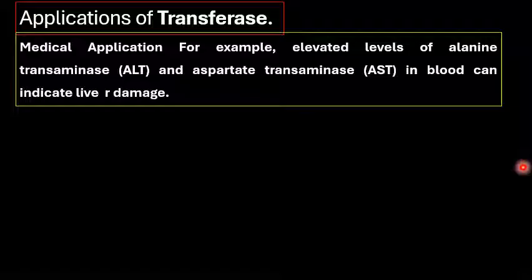And if it is high, it is also indicative of disease or damage. So for these particular cases, we have alanine transaminase, which is also known as ALT, and we have the aspartate transaminase, which are found in the blood and they can indicate liver damage. Their elevation can indicate liver damage or problems with the heart and the muscles.